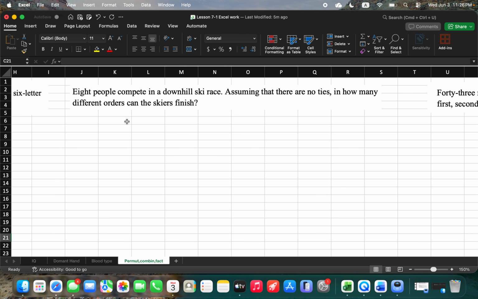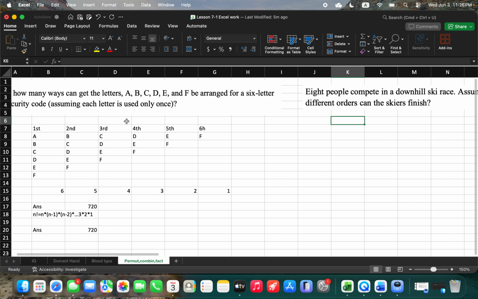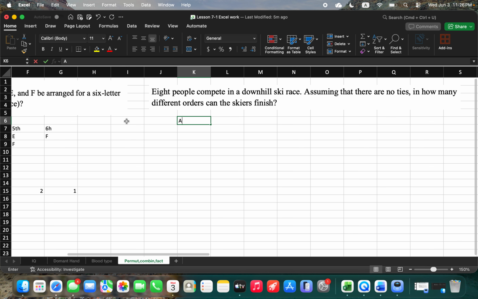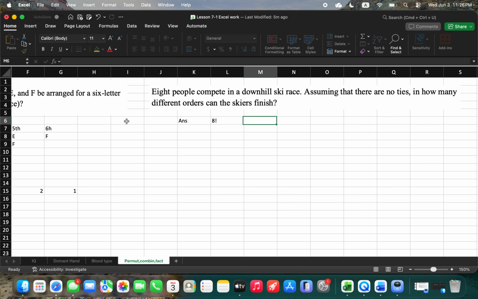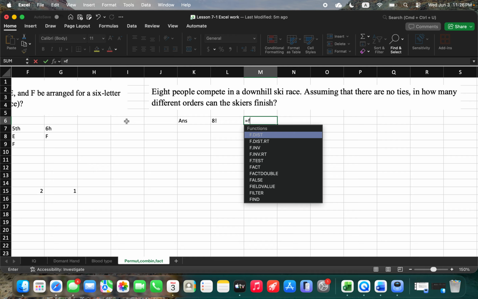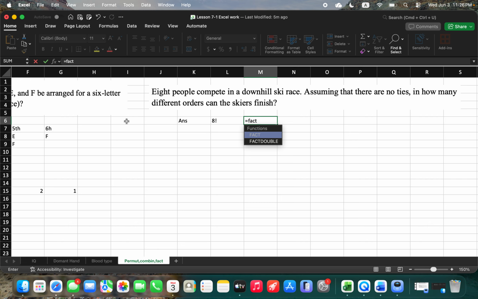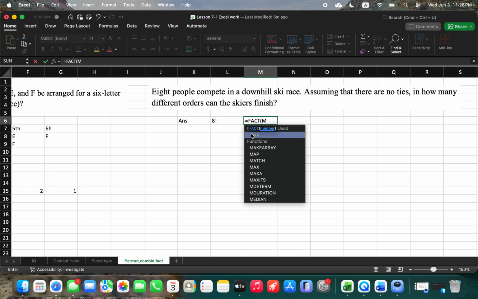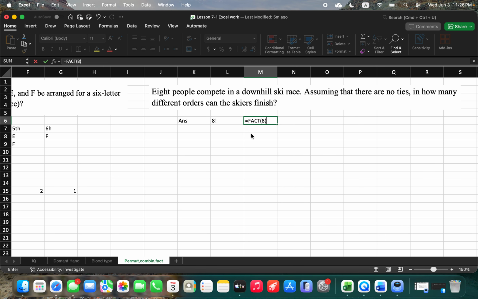Then in this case, like we did before here, we can just say answer becomes a factorial, therefore equal to FACT. So choose that and then put 8 because they have 8 different players. Then 40,320 different cases to arrange the order the skiers finish basically.